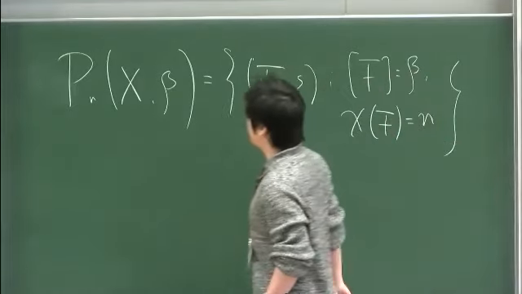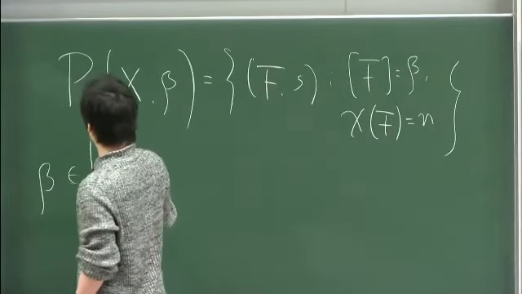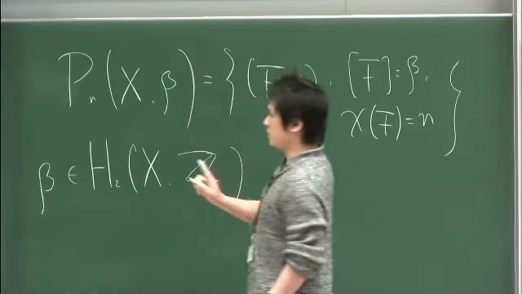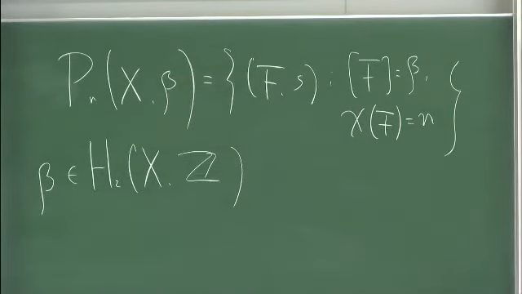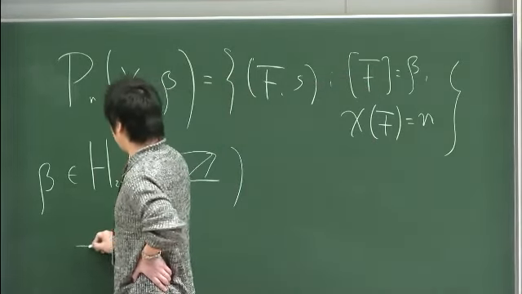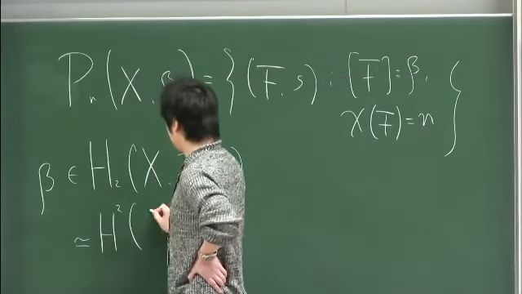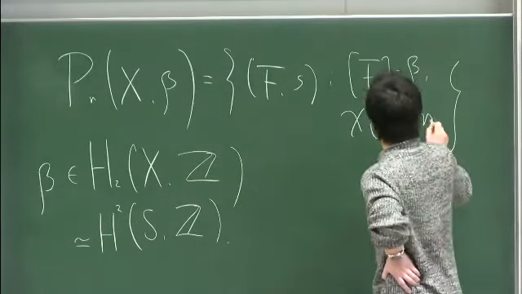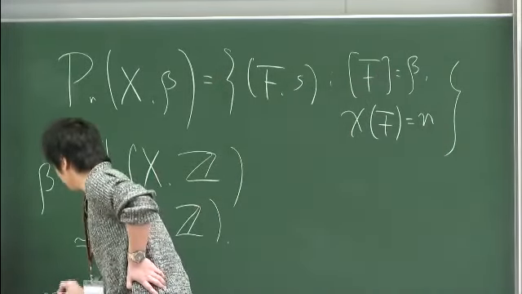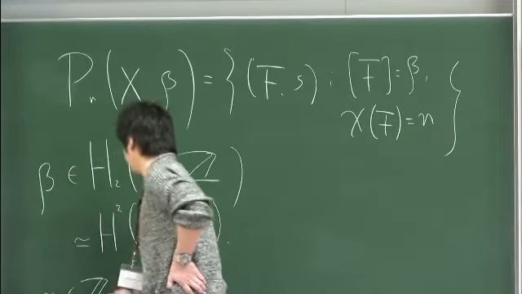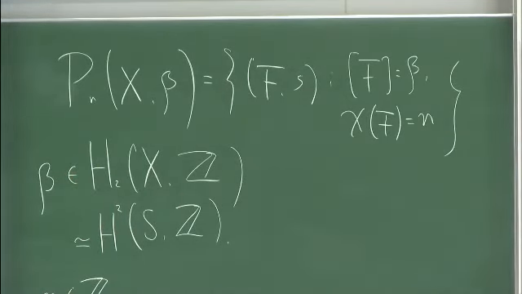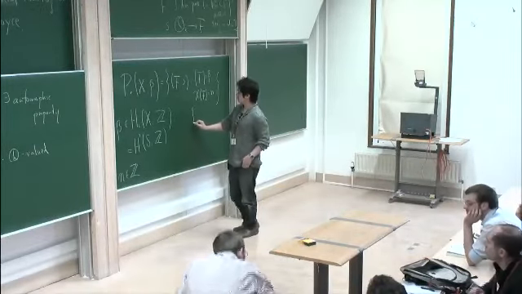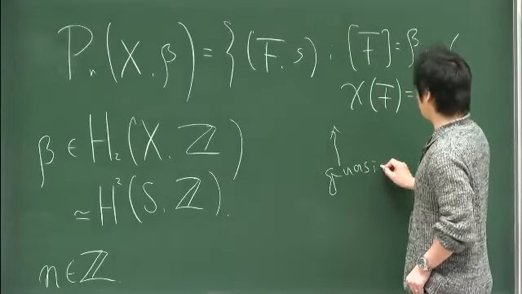So beta is an element of H_2(X, Z), but from the definition of X, you can also identify this as an element of H_2(S, Z), and n is an integer. It can be shown that this is a quasi-projective variety.